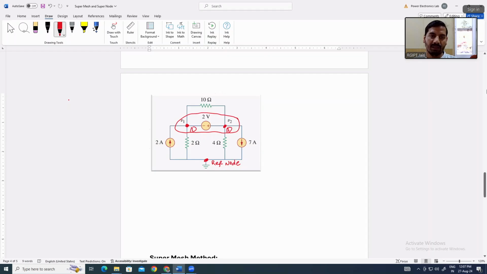As you know, in nodal analysis we apply KCL at the nodes and find the KCL equations based on the number of nodes. So if you apply KCL, this will be the super node, as per the principle.